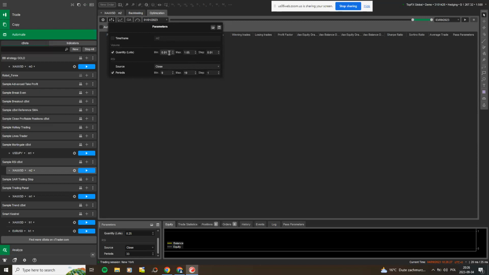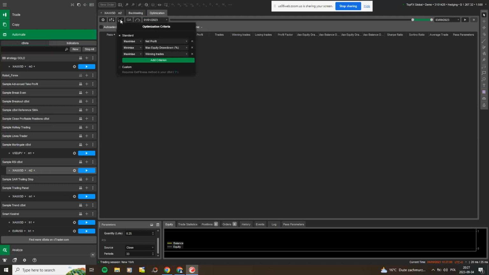We know it works, but maybe 0.15 will work as well, maybe up to 0.5. So let's try with this, with a step increase every time of 0.01. Source is the close, and minimum periods was 14. We'd never go below this, and the maximum periods we got was 33. So those are our parameters.